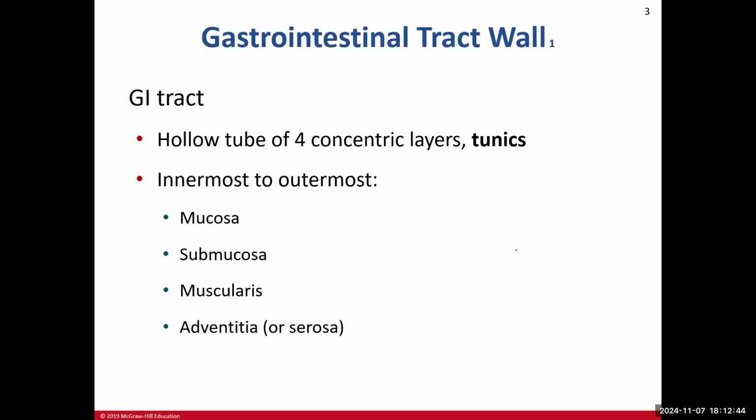If you recall, the peritoneum is the serous membrane in the abdominopelvic cavity, and it covers a lot of the internal organs. So retro means what? Behind. So when something is retroperitoneal, it's behind the peritoneum. In that situation we call it adventitia, and we don't call it serosa. I'll show you examples throughout the chapter.